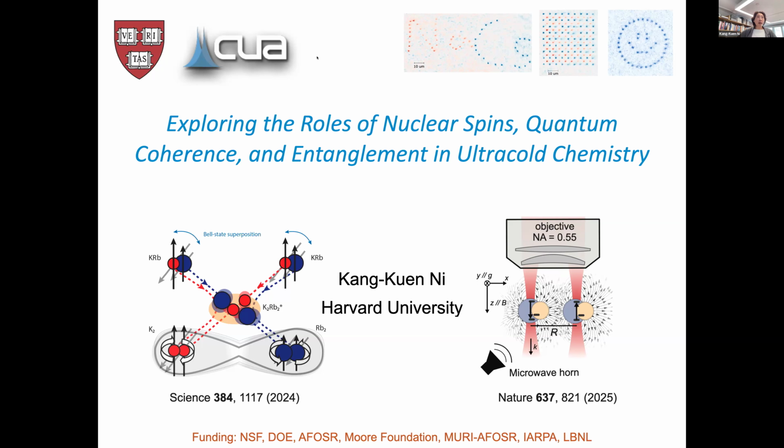So in my group, we have developed a lot of control over atoms and molecules, very simple molecules made out of two atoms. For example, on the top panels here, we show individual pictures of individual atoms that we can arrange in interesting geometries, and engineer their interactions to study ideas in the context of quantum simulation and quantum information.